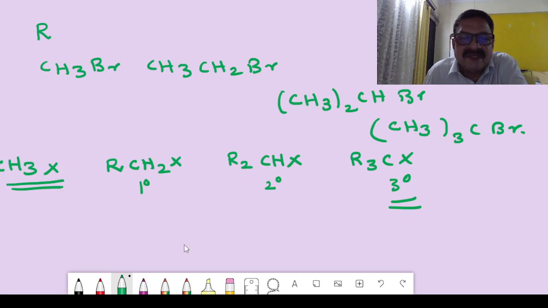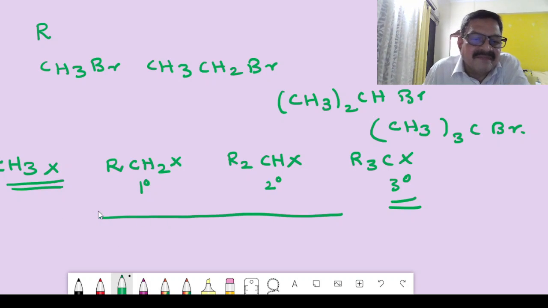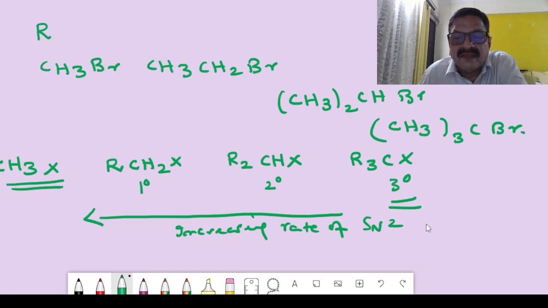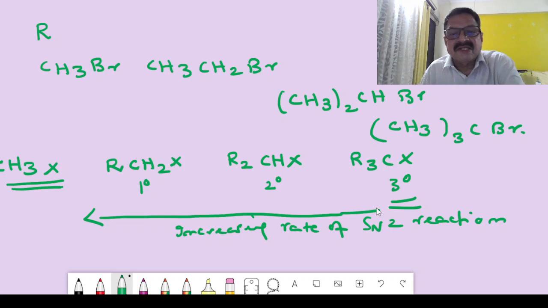Therefore, the rate of the reaction will go up like this. This is the increasing rate of Sn2 reaction, and the reaction rate will increase in this direction.